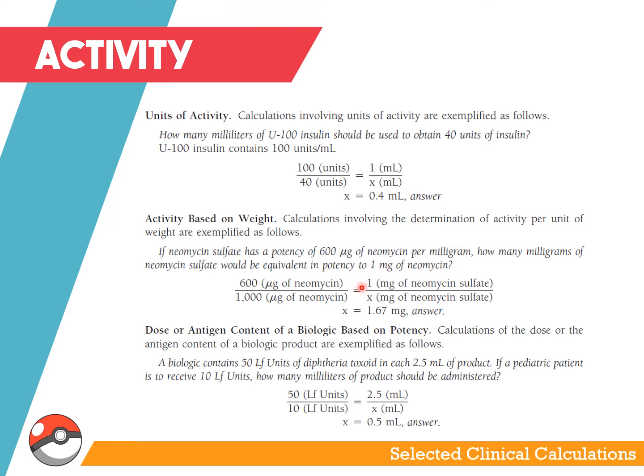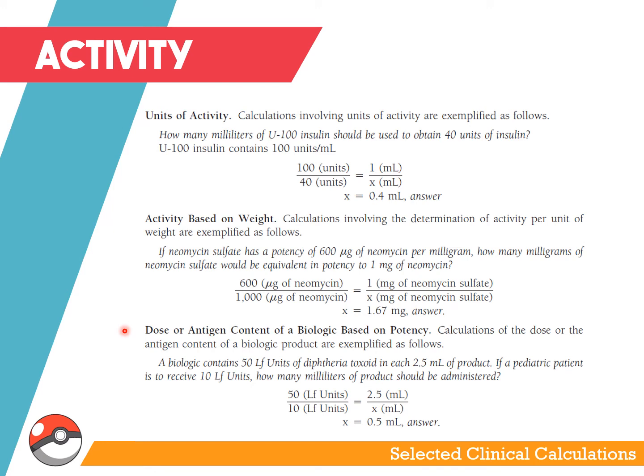Now, what is asked is the potency equivalent to this, if there is 1000 micrograms of neomycin. So we write this equation and we will arrive with 1.67 milligrams.